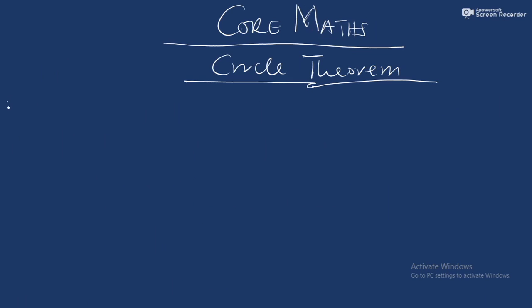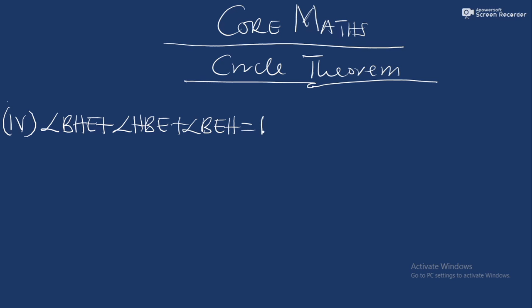So IV(b). Good. So with IV(b), we have angle BHE plus angle HBE plus angle BEH equals 180 degrees.